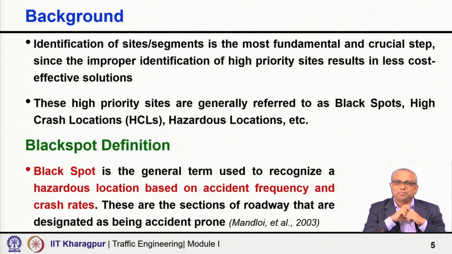If we can identify and inform users, then they become more careful also. So, black spot is a general term used to recognize a hazardous location based on accident frequency and crash rates. These are the sections of roadway designated as being accident prone.